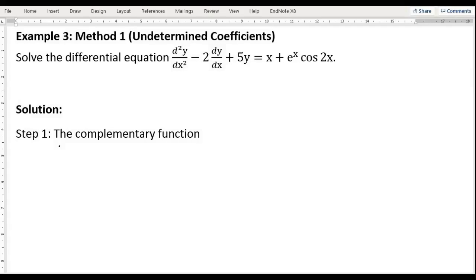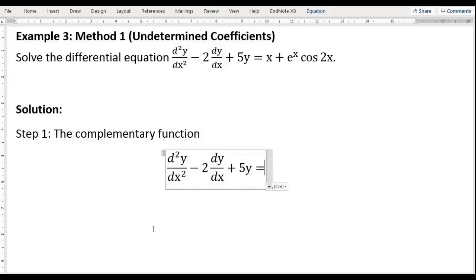The first step, as usual, is to find the complementary solution. There is a reason why we need to find the complementary solution first, as you will see later in the video. To find the complementary solution, we set the equation equivalent to 0.